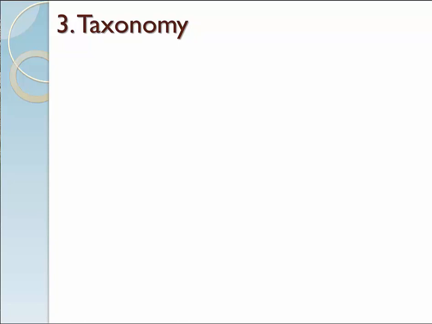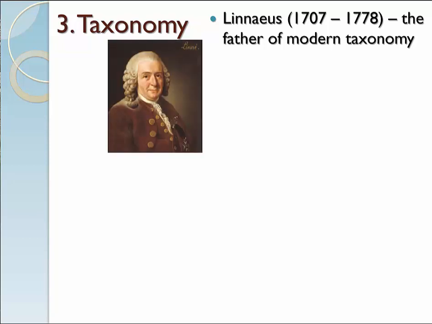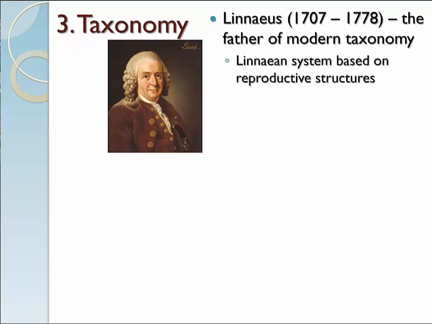Okay, so another chapter in Darwin's book dealt with taxonomy. The father of modern taxonomy is Linnaeus, who lived in the 18th century. Linnaeus looked like he was a really nice kind of guy. His system of taxonomy was based on reproductive structures.